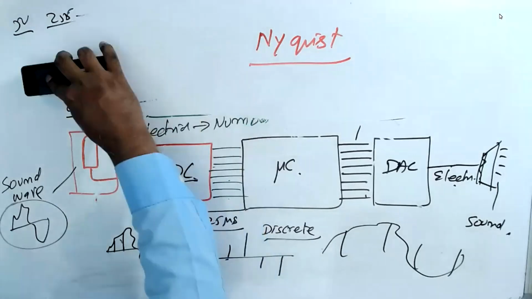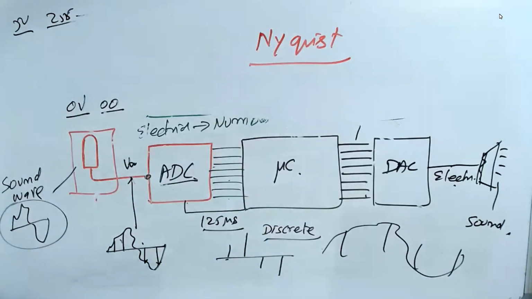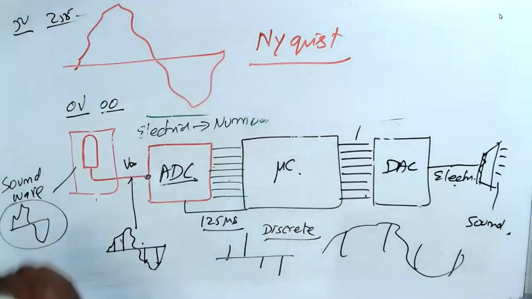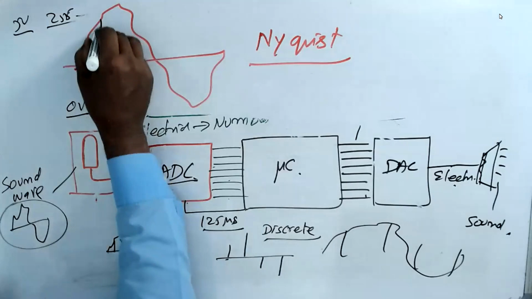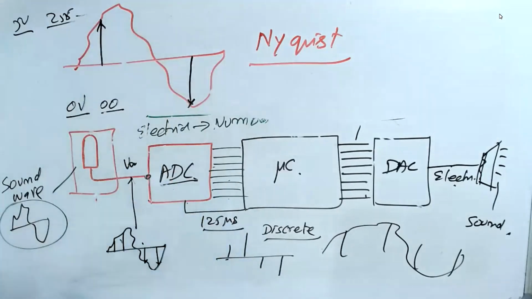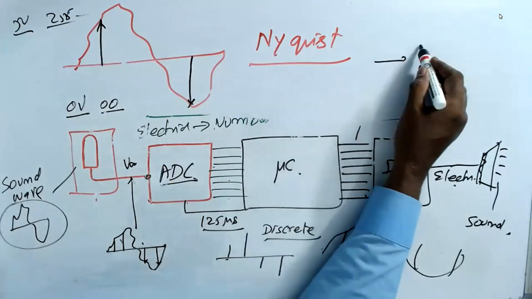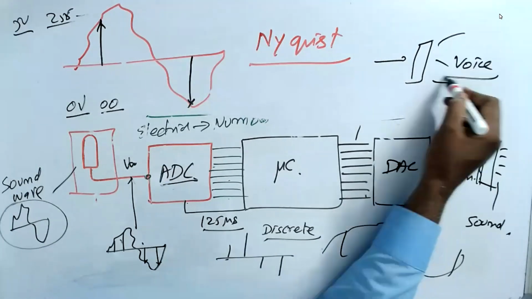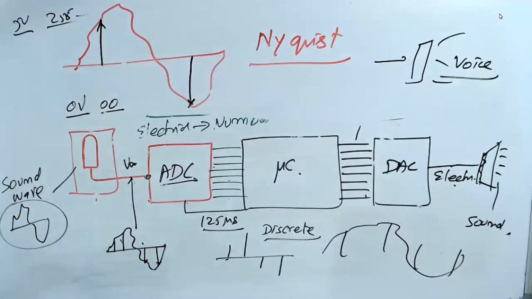He did a very surprising thing. That is, if your waveform is like this, if your speech, if your voice is like this, if you take 2 samples, how many? Only 2. Then you are able to construct the voice. That is what Nyquist has proved.